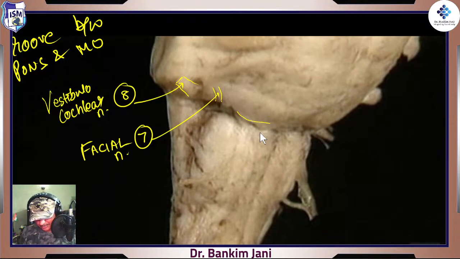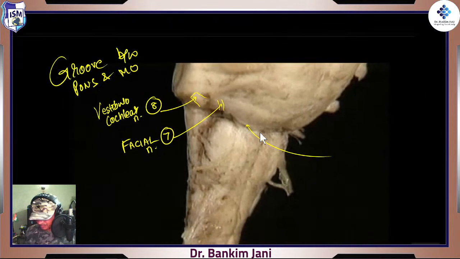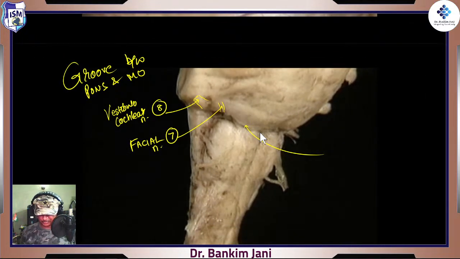And then a small nerve which is coming, I need to draw just like this. A small one, it travels exactly into the groove. Let's unzoom it slightly so you can actually watch it. See this thing. Now erase it. So that is number 6, abducent.